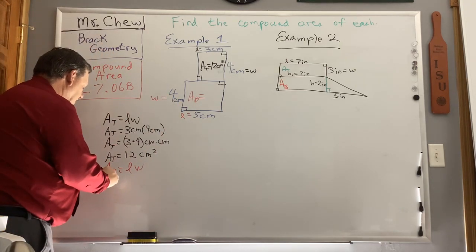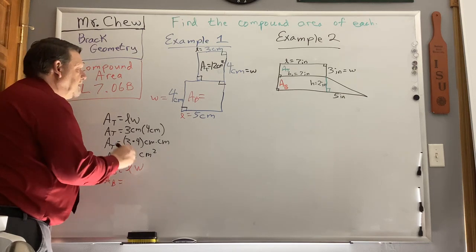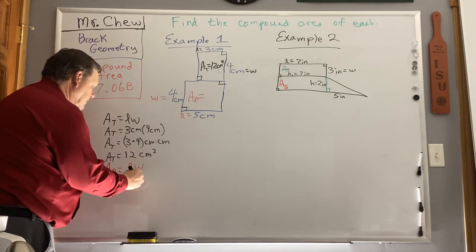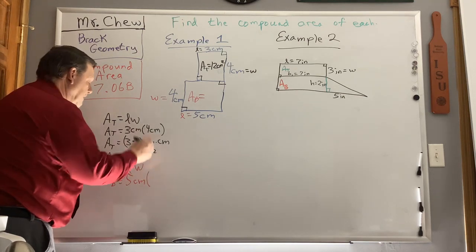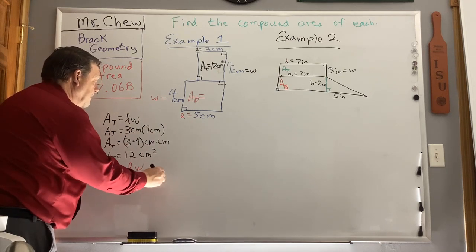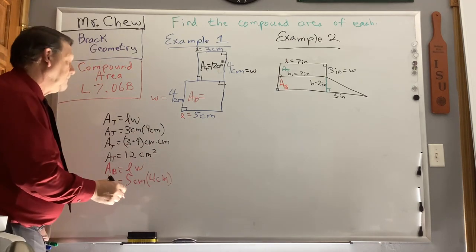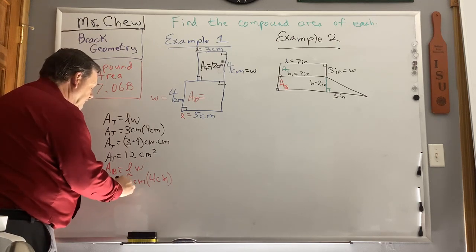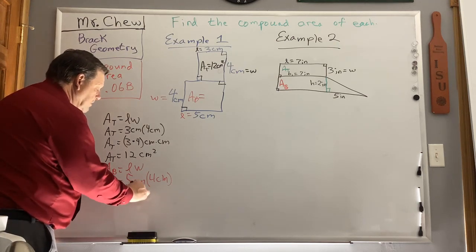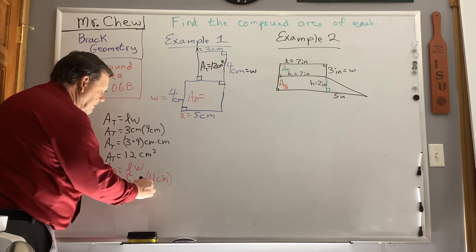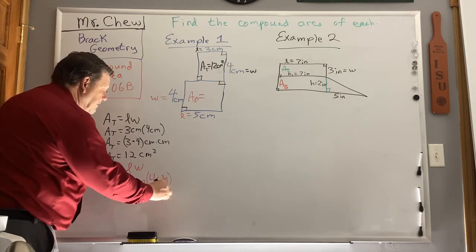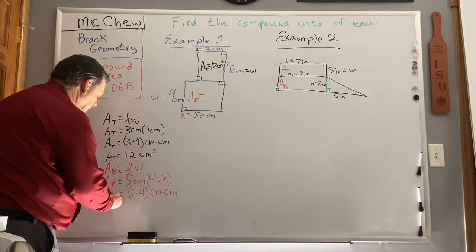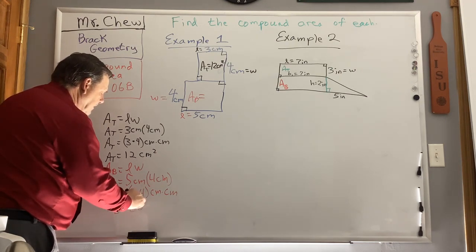So my area of my bottom is the length, which is 5 centimeters times 4 centimeters. All right, so the area of the bottom, it's 5 times 4 using the commutative property of multiplication, centimeters times centimeters. So the area of the bottom is 20 centimeters squared.